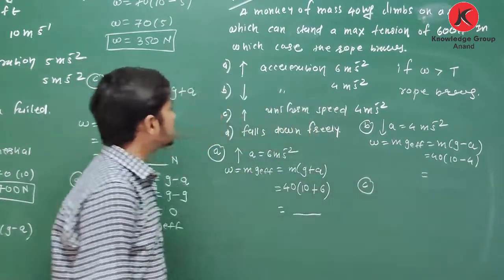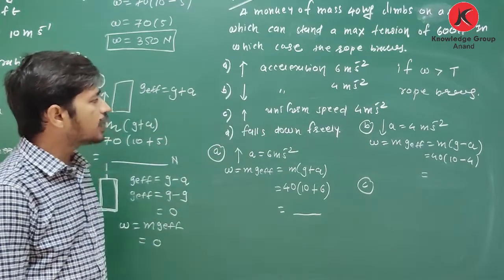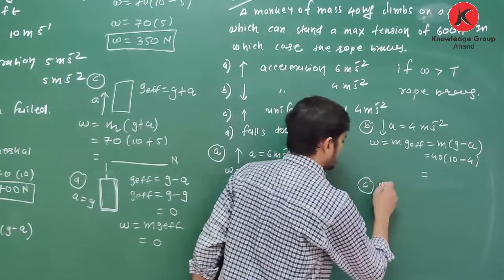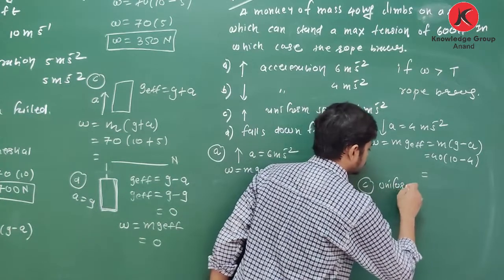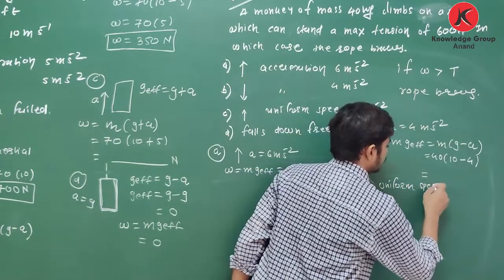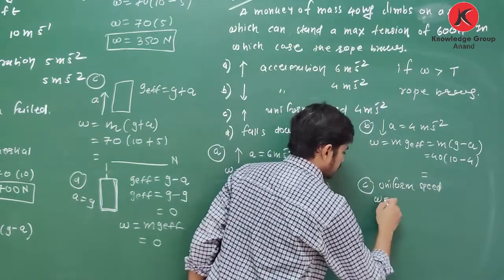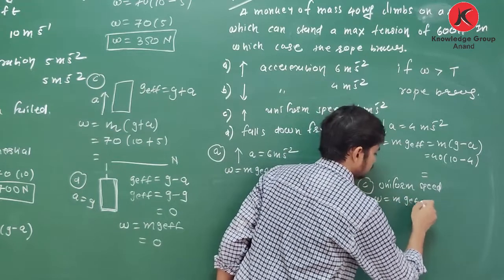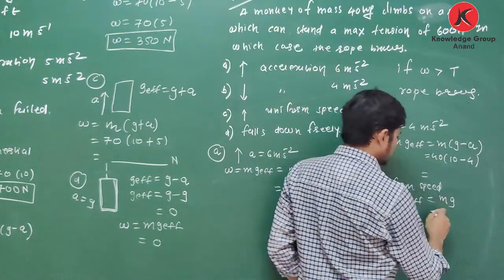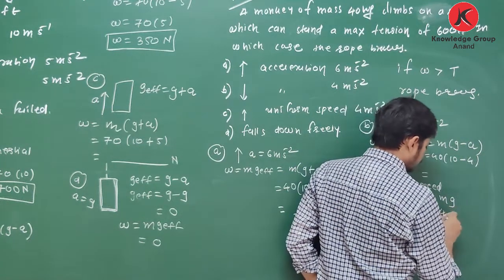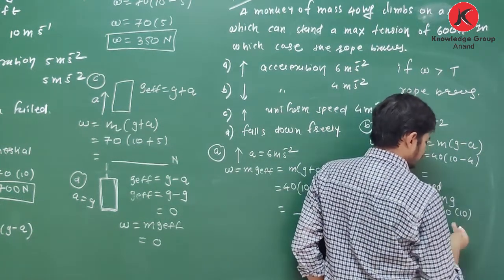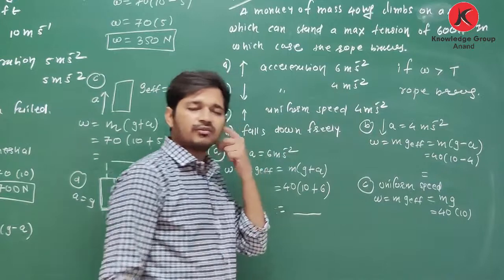It is moving with uniform speed in upward direction. Uniform speed. So W is equal to m g effective, which is m g. So it is 40 into 10. So in this case we can say it will not break.